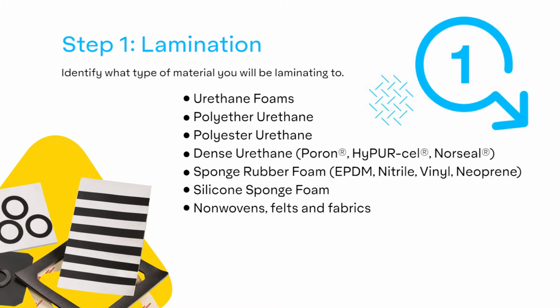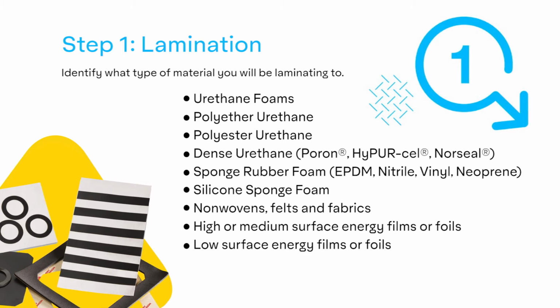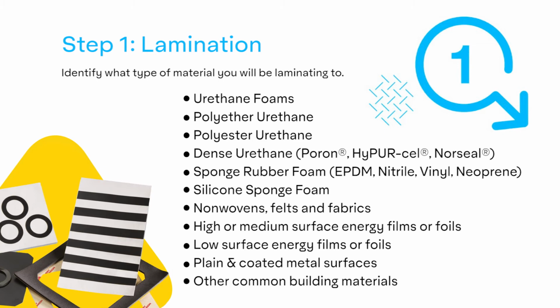Then we have the class of non-wovens, felts and fabrics. Then you could also come across films or foils with different surface energy levels, going from medium to high and to low energy. Metal surfaces can also be frequently encountered, and these metals could be painted or plain.